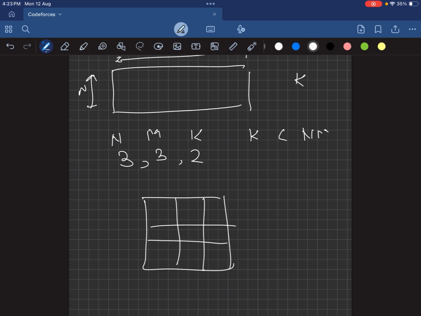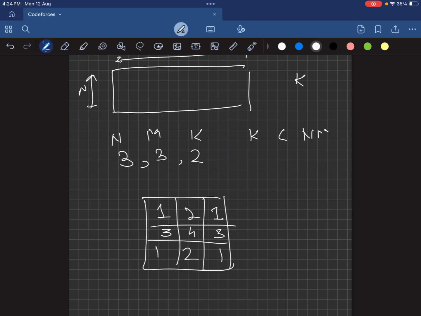We can color the first cell as 1, and the cell next to it cannot be colored 1, so we color it 2. The next cell can be colored with 1, so we'll use it. Now we come back to this row. This cannot be colored 1, this cannot be colored 2, so this must be colored 3, and this must be colored 4. But now this one can be colored 3, and similarly we can color this 1, 2, and 1.